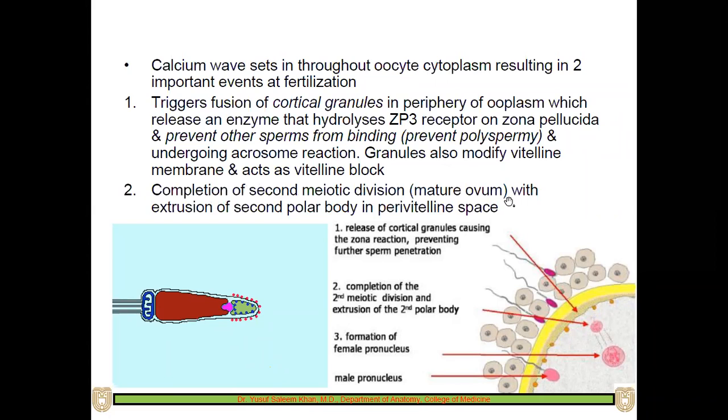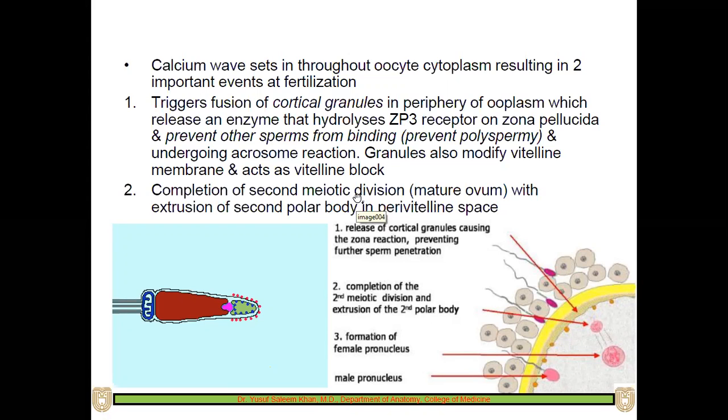Next is completion of the second meiotic division. The mature ovum with exclusion of the second polar body is in the perivitelline space. So there will be release of the second polar body. Actually, the oocyte will still be in the first meiotic division.